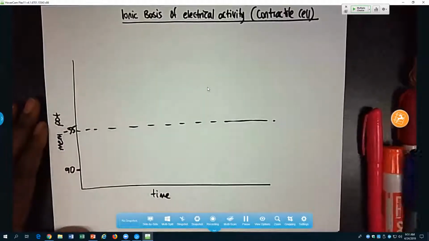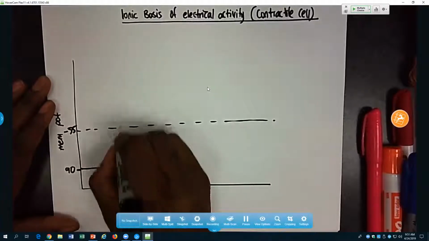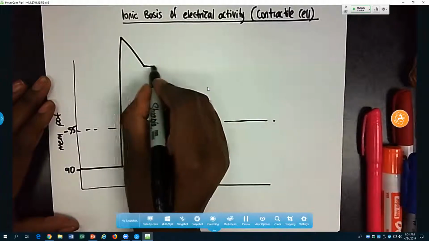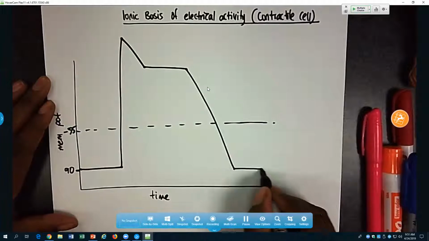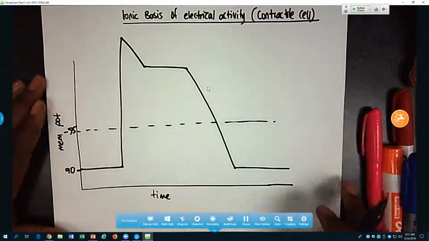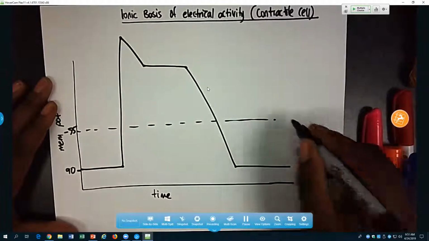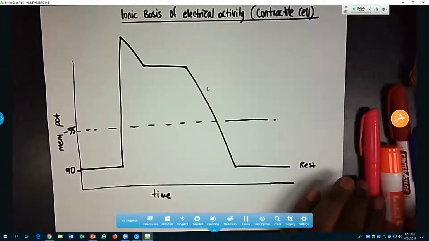Now the phases here are going to start with phase 4, then the rapid upstroke.